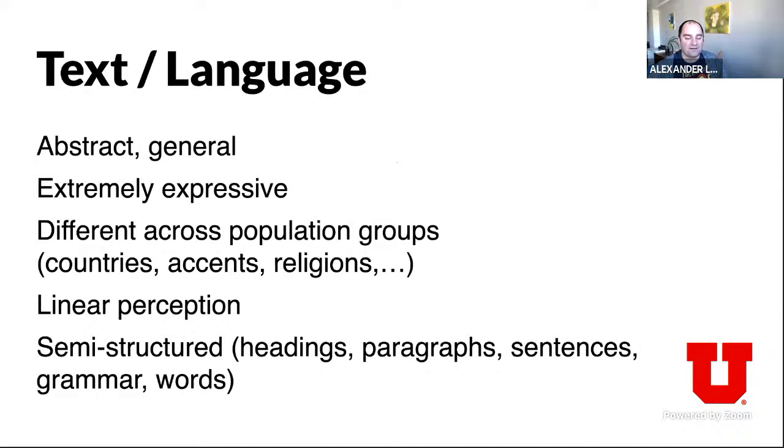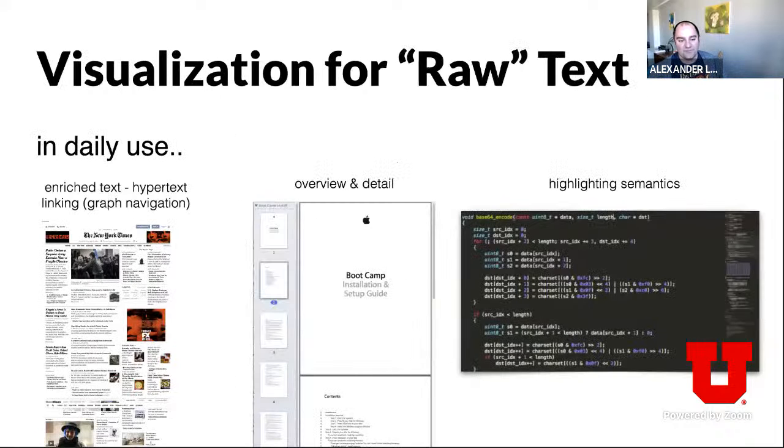Sometimes you can use some of the structured information, but mostly, from a visualization perspective, you can treat text as unstructured. And so what you really need to do is first derive some structure.